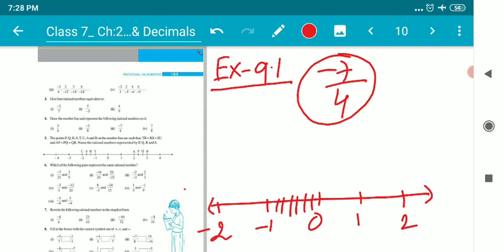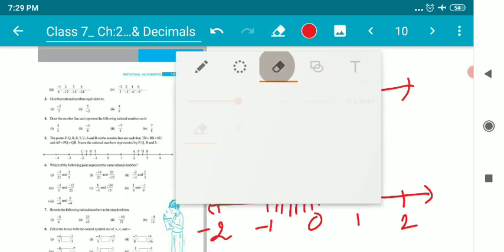It's 7 by 4. This is an improper fraction. We know that every improper fraction can be expressed in the form of a mixed fraction, and every mixed fraction can be brought back into an improper fraction.